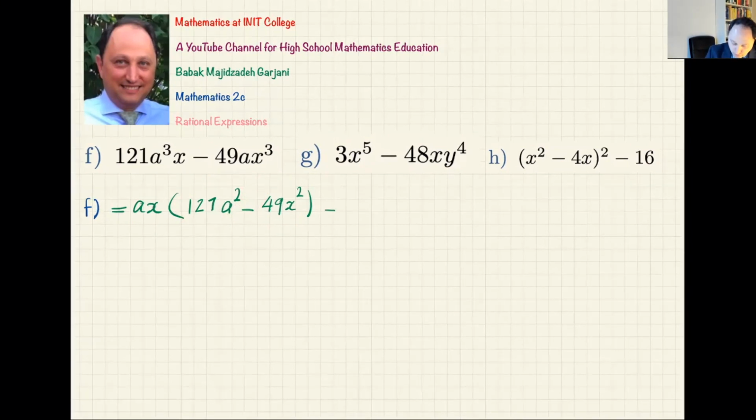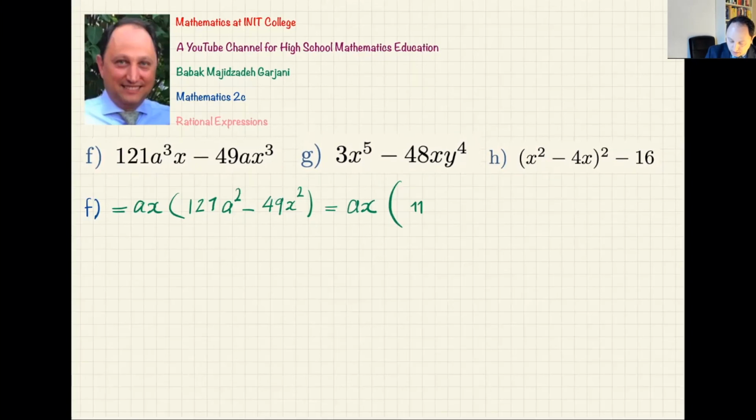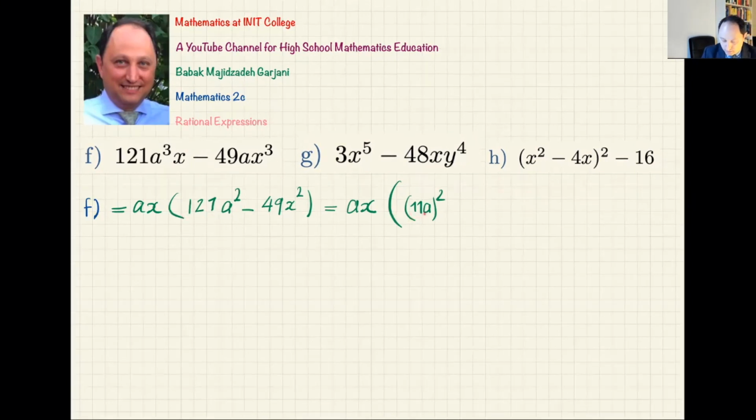If you want to, you can write an intermediate step. It's not mandatory. Instead of 121a squared, I can immediately write (11a) to the power of 2, because 11 to the 2 becomes 121 and a to the 2 becomes a squared. For the same reason, I can write the second one in this form, (7x) to the 2. Then immediately you see that you have the difference of two complete squares.